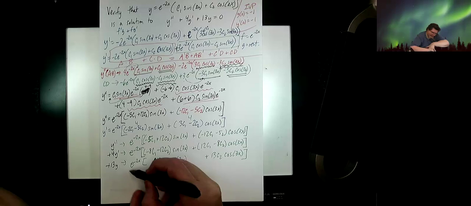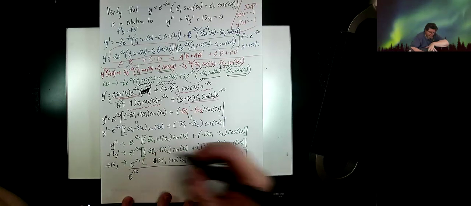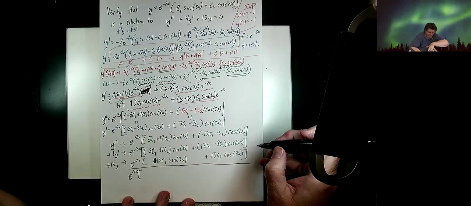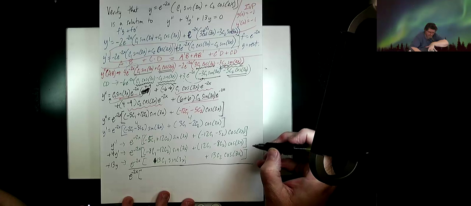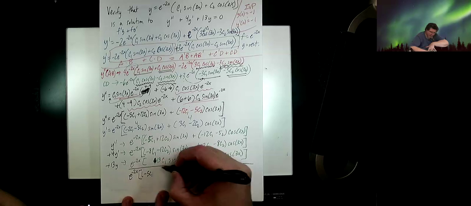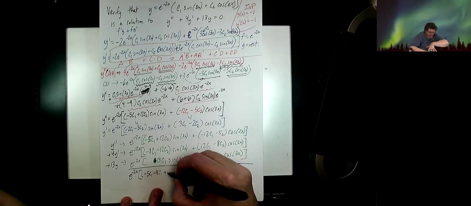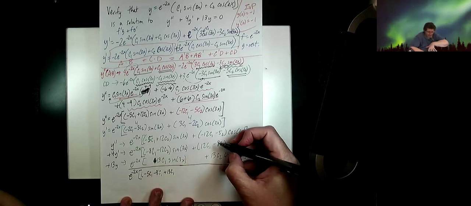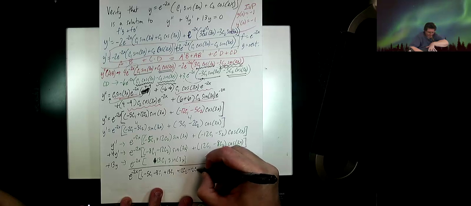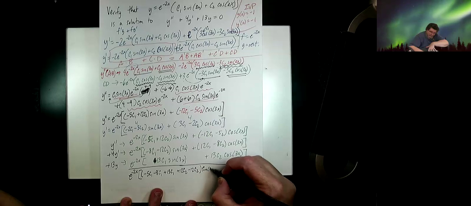And now the way I did it, I can add these vertically. So I've got negative 5C1 minus 8C1 plus 13C1, and then plus 12C2 minus 12C2, sine of 3x.